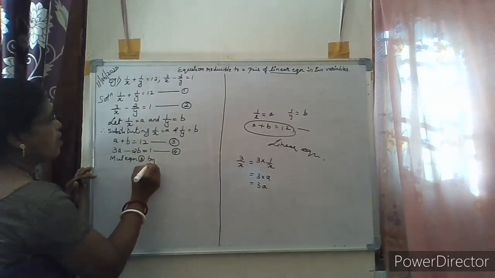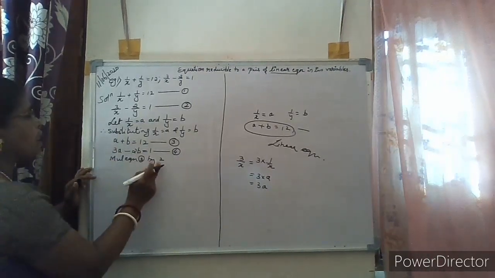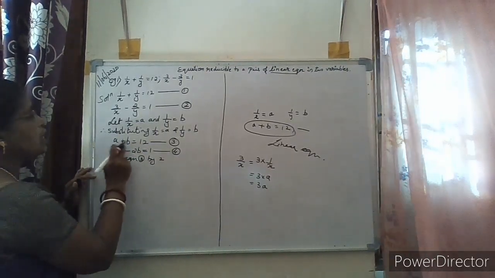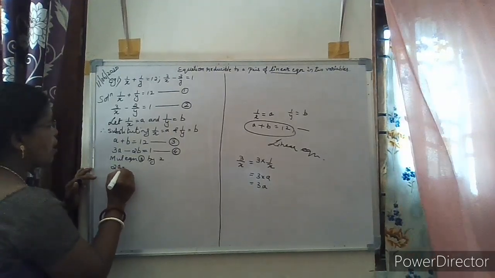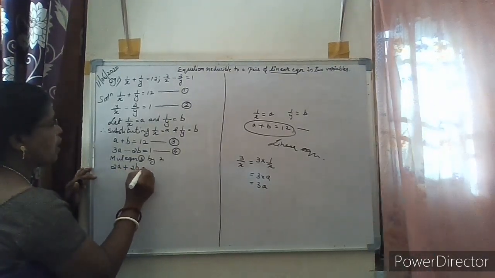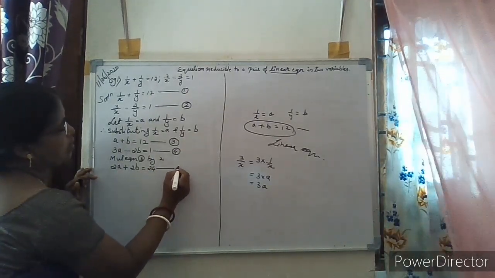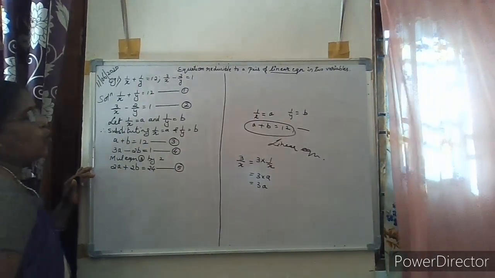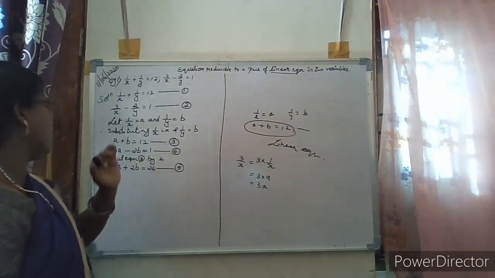When we multiply, every term we have to multiply. So it is 2a plus 2b equal to 24. Equation 3 is converted to equation 5.